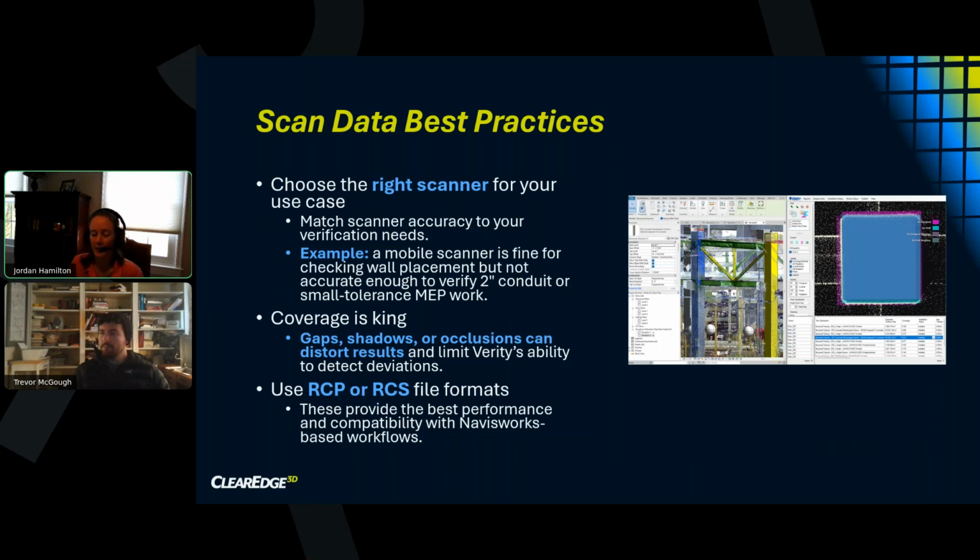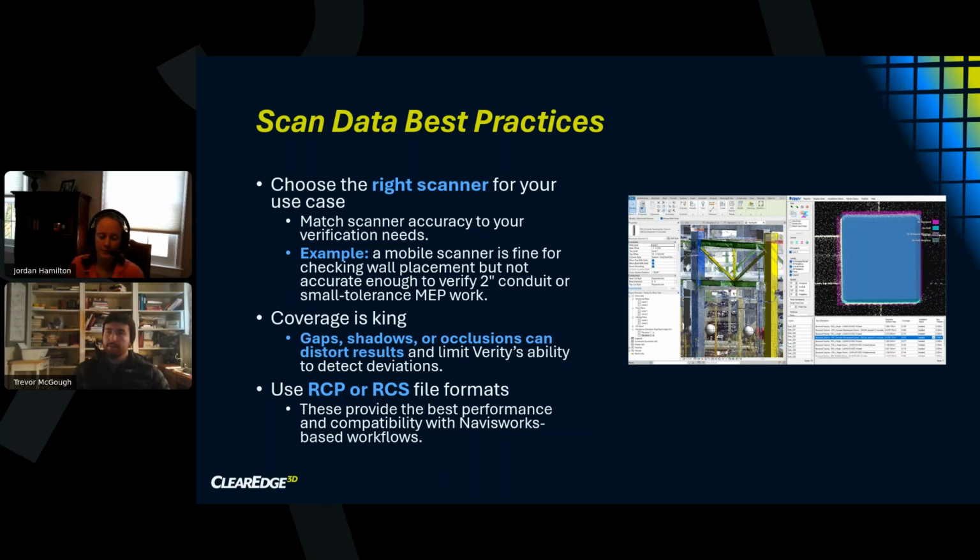On the other hand, if we are talking about looking to verify 2-inch conduit, something as small as nuts and bolts, those, with their very small size, are going to be significantly impacted by scan noise in that region. If we're talking about a handheld mobile scanner that's collecting bolts on the floor, there's a possibility we don't see enough points to even identify where that bolt should be. So ensuring that the scanner's capability matches the level of accuracy that you need in your Verity verification will help a good deal on the back end.